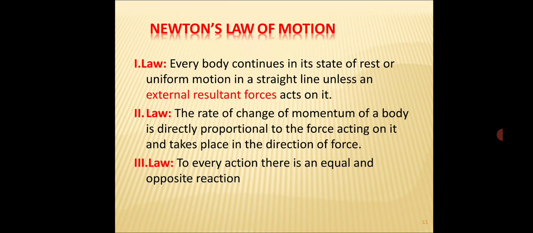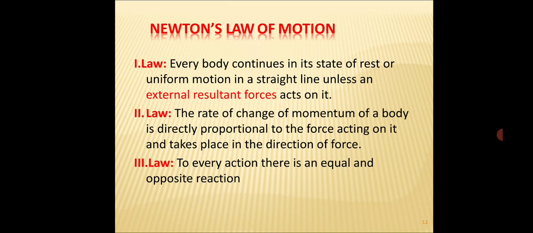So now move on to the basic law to be known in the concepts of engineering, which is Newton's laws of motion. There are three laws that Newton has given. What are the three laws? First law: every body continues in its state of rest or uniform motion in a straight line unless an external resultant force acts on it.